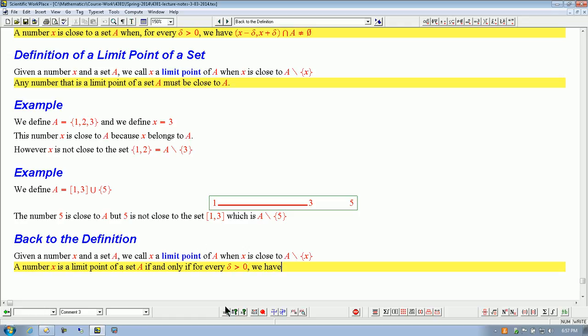So what is the condition that the number be close to that set? That for every delta greater than 0, the delta stick around x, the stick center x radius delta, intersected with A slash singleton x is non-empty. See?